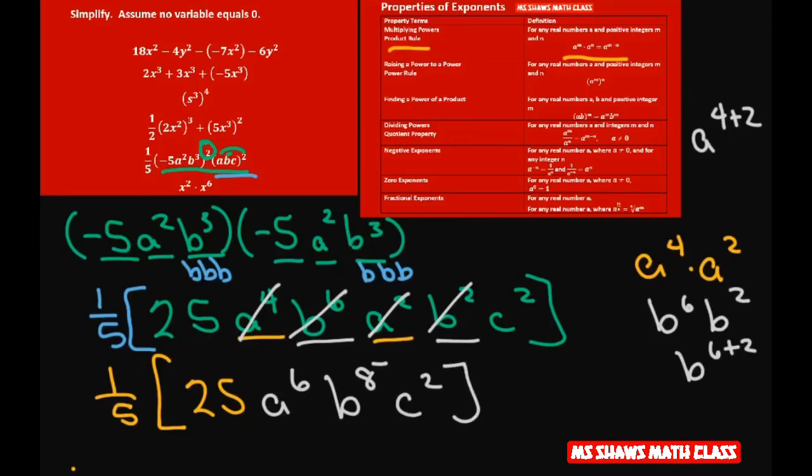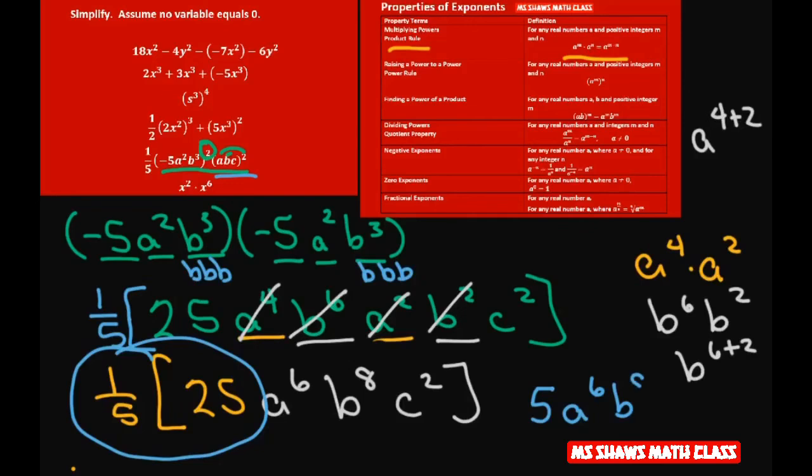All right. The only thing else we have to do is take 1/5 of 25, which is 5. So your final answer is going to be 5 a to the 6th b to the 8th c squared. And that's your final answer.